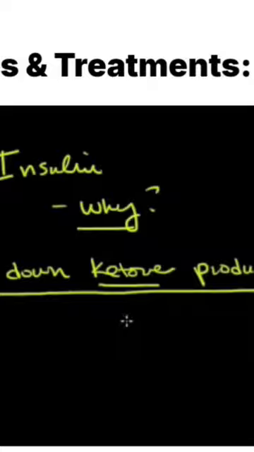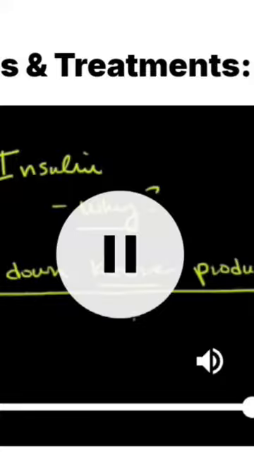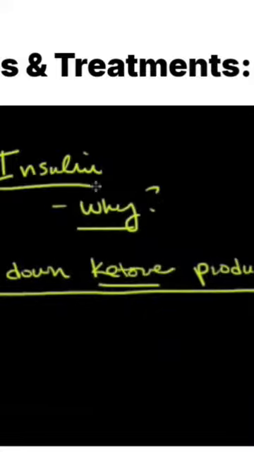So unless we have evidence that ketone production has been shut down, either through a beta-hydroxybutyrate level, which is undetectable, or an anion gap level which is less than 12, we want to keep going with insulin.